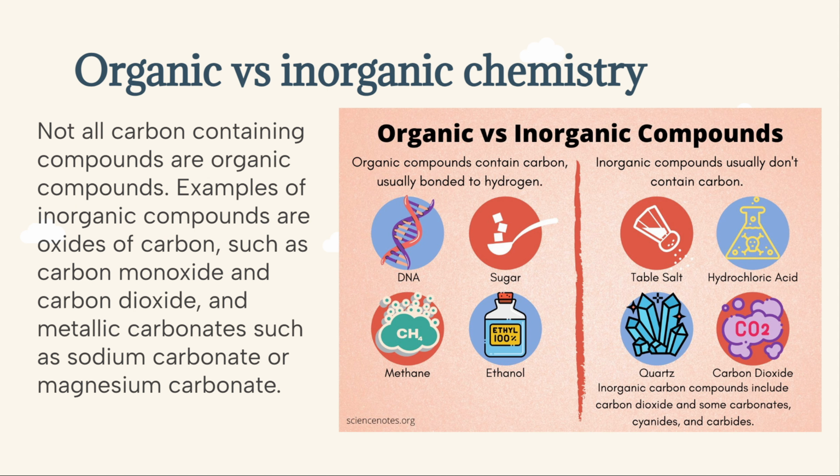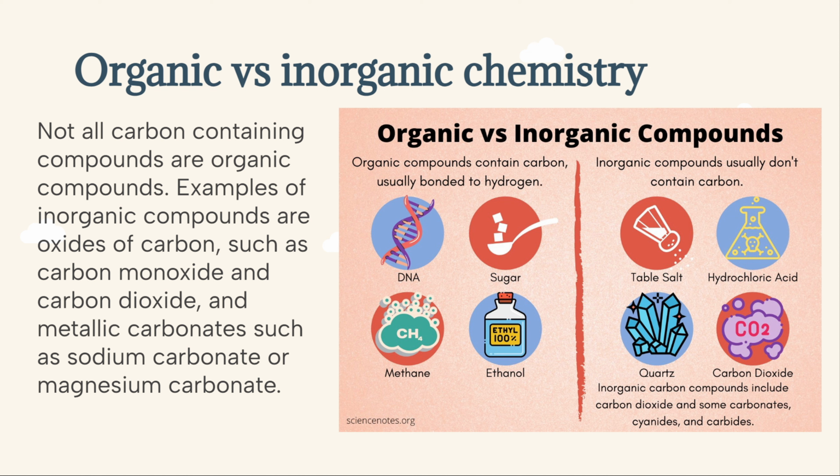Now, organic versus inorganic chemistry. When you think about organic substances, we're really talking about living organisms. And that's what organic chemistry deals with. It deals with compounds that contain carbon, and these carbon compounds are found in living organisms. Sometimes these carbon atoms can be bonded to hydrogen, oxygen, or any other atoms, but the main base of the structure is carbon.